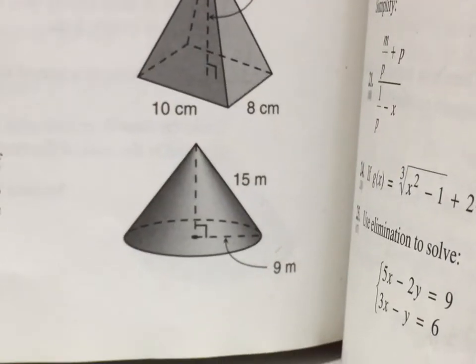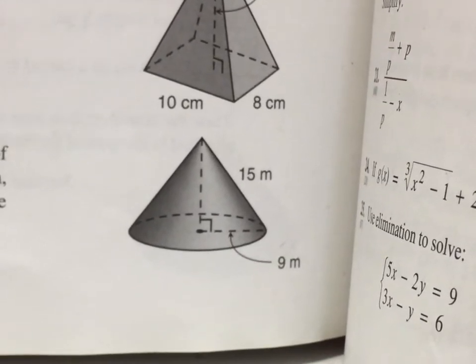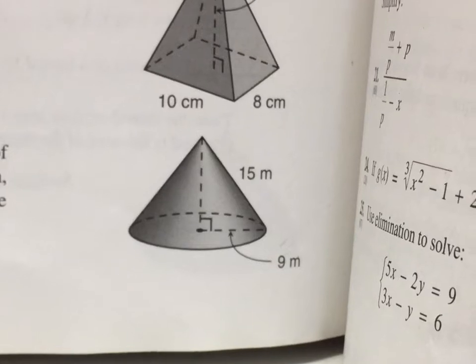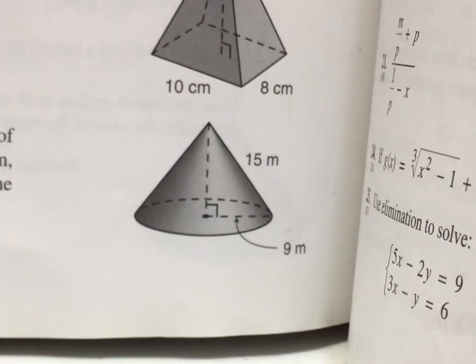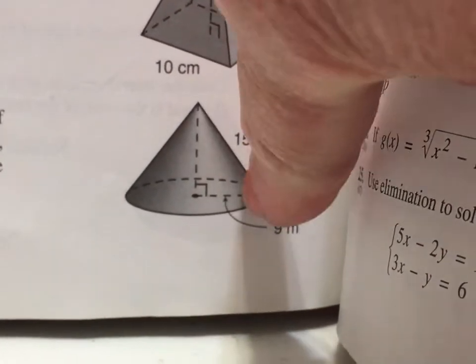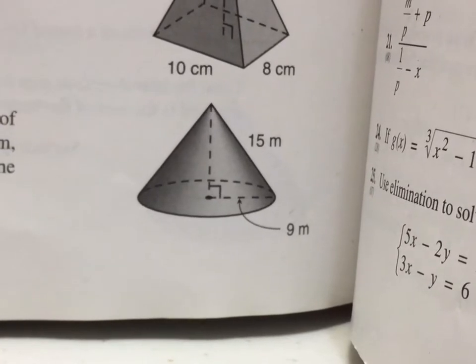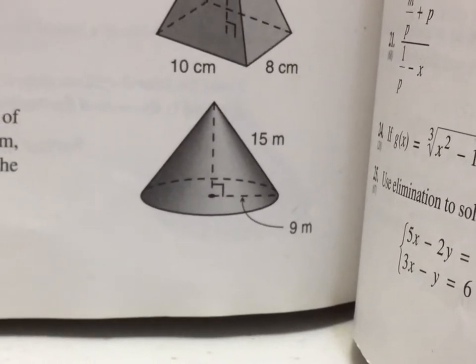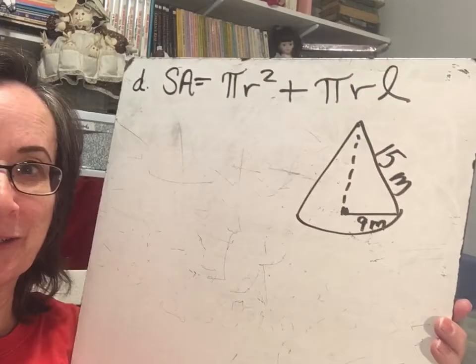Okay, so this is our last problem, and you can see that very nice cone there at the bottom has a slant height of 15 inches. Remember, the slant height is along this edge here, and we need that slant height. That's the L in our formula. And then it has a radius of 9 meters. Here is my picture of the drawing.